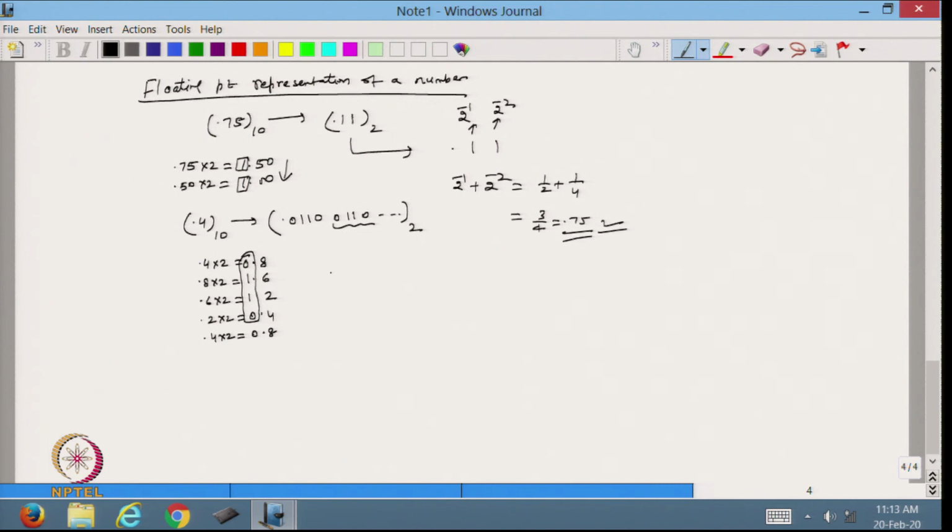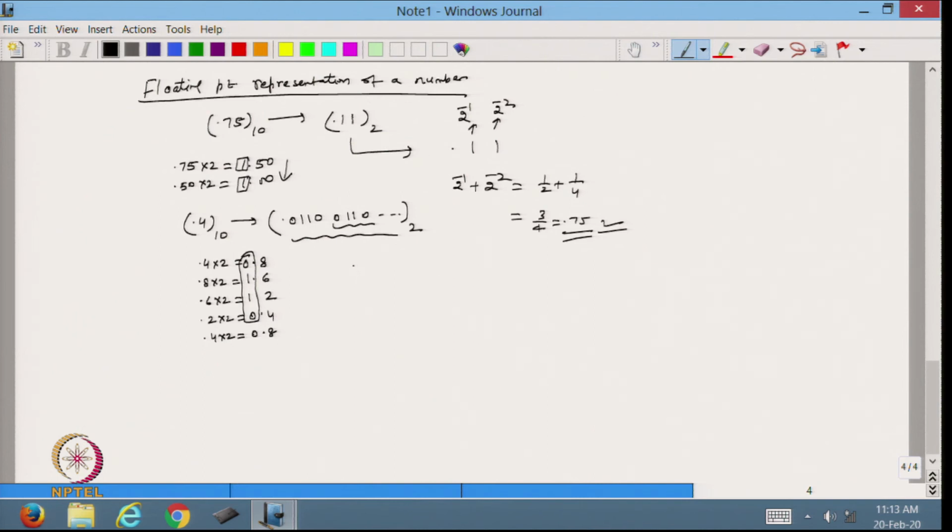From here we can see that 0.4 is a truncated value, but if I convert this into floating point binary form, then this is the recurring relation we are getting. So that way we can convert a floating point number in decimal form to binary form.